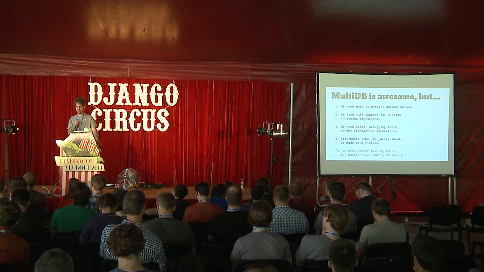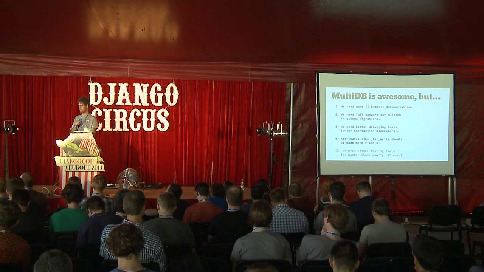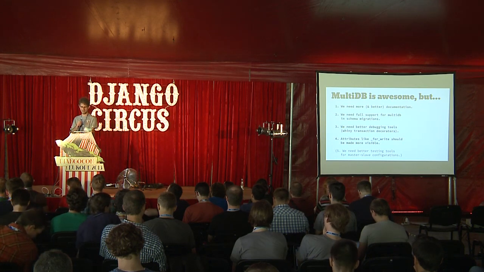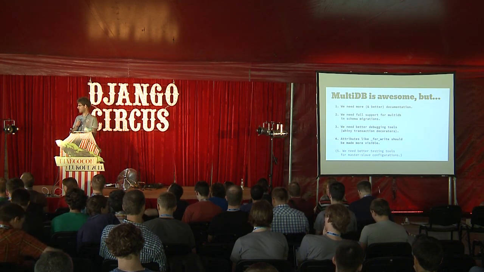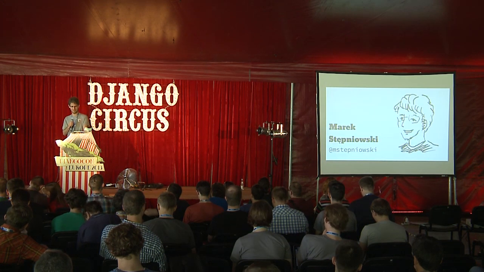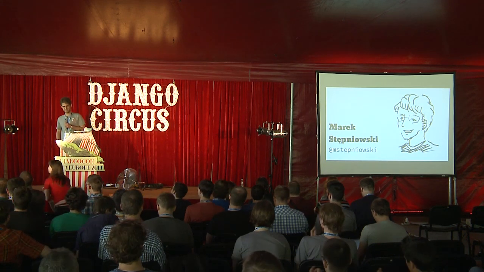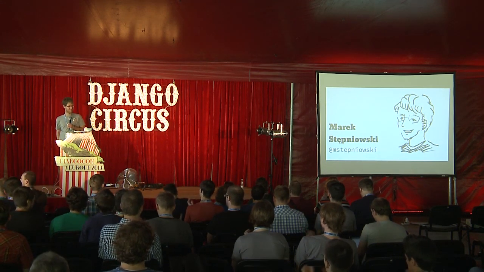Attributes like for write should be made more visible; something with an underscore doesn't say to me that it's an API. And that's a nitpick of mine: better testing tools for master-slave configuration. Okay, I'm done.